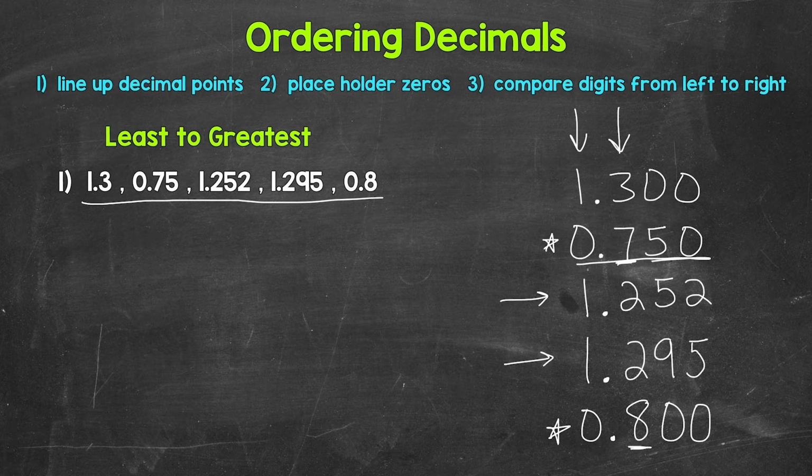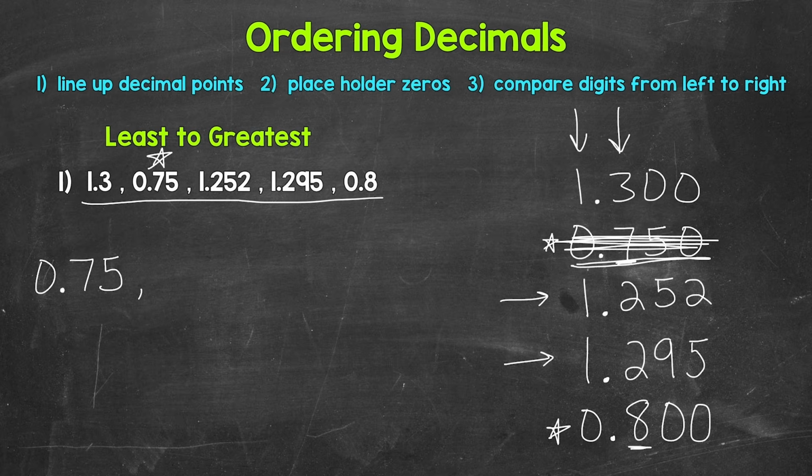So this is the least. So let's write 75 hundredths first here. And I wrote the decimal from the original list, again 75 hundredths, not the equivalent decimal with the placeholder 0, 750 thousandths. Now again, those are equivalent, so either will work, but I'm going from the original list. Then we can put a comma and cross this off.